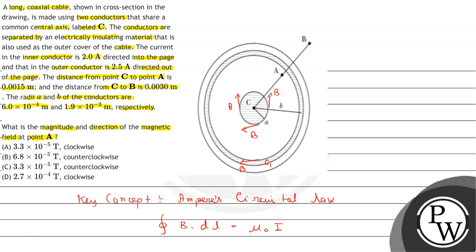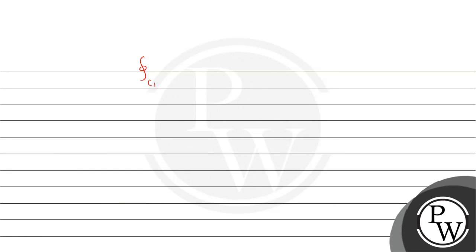This is magnetic field B, at each point it acts tangentially. So for loop C1 we can write the cyclic integral for C1 of B dot dl equals mu naught multiplied by I1. Further, using the right hand thumb rule, we can say the direction of B shown in the figure is clockwise and tangential.